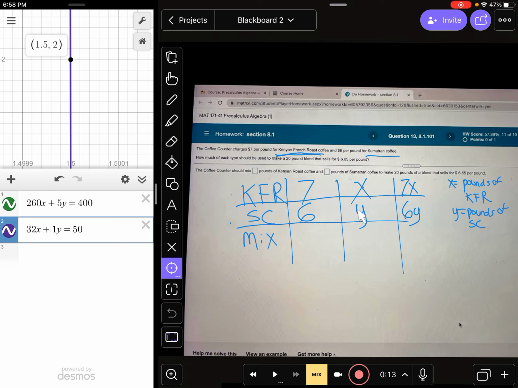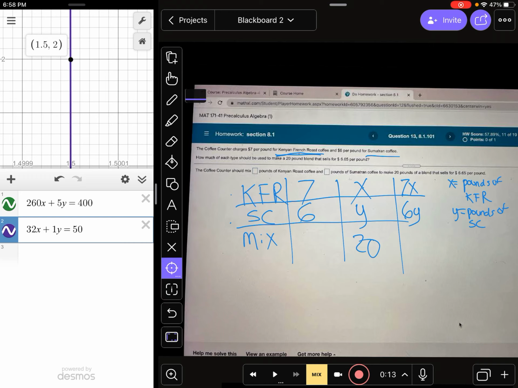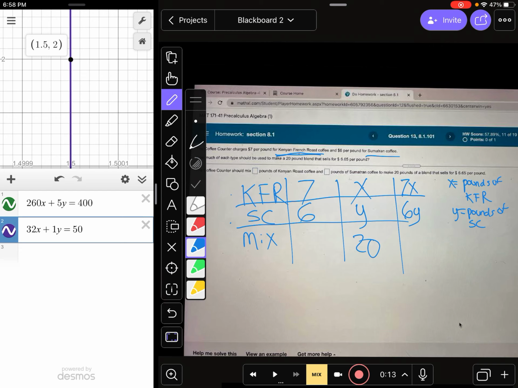I didn't know this, so I called it X. I didn't know this, I called it Y. But I know this, it's 20 pounds of the mix. So I'm going to put 20 pounds right there. And it says that it's $6.65 per pound. I'm doing this right here as the cost per pound, so I'm going to put $6.65 per pound right there.